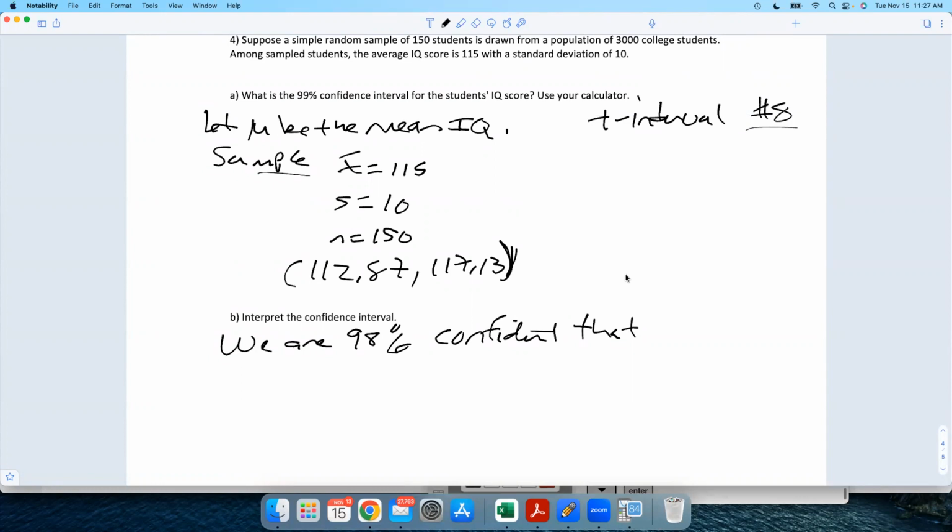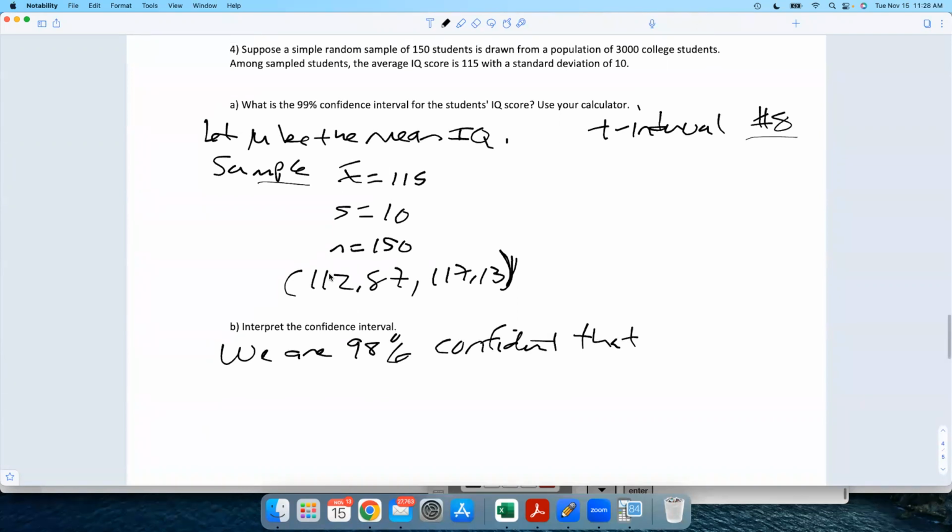I'm not confident that between this and that, in the sense that these are not percentages. That's not 112% of something. These are mean IQs. We're 98% confident that the mean IQ is between those two numbers.